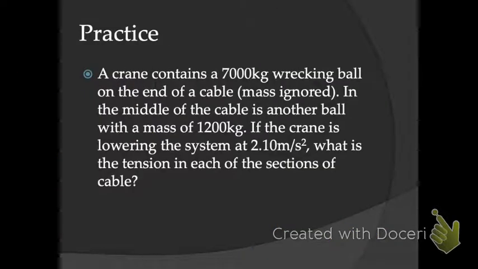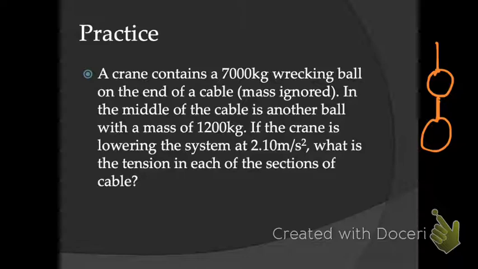All right, actually, we're just going to do this one together because it's one we haven't seen before. That's what the system looks like. A 7,000 kilogram wrecking ball is at the end of the cable. In the middle of the cable is another ball with a mass of 1,200.